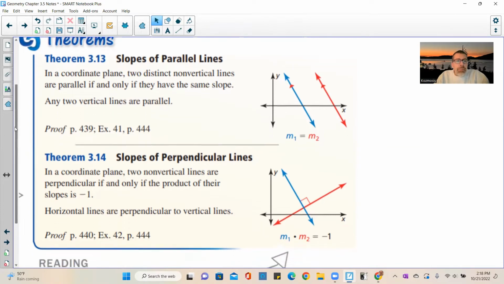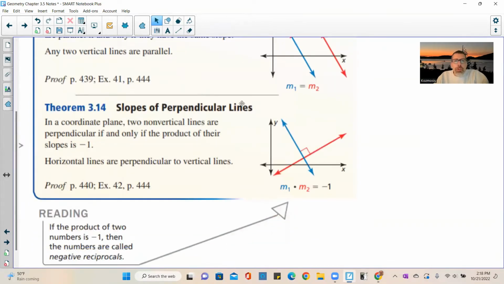All right. Theorem 3.14, slope of perpendicular lines. In the coordinate plane, which we're in again, two non-vertical lines, so this blue line is not parallel to the y-axis. This red line is not vertical. They're both non-vertical lines. Two non-vertical lines are perpendicular if and only if the product of their slopes is -1.